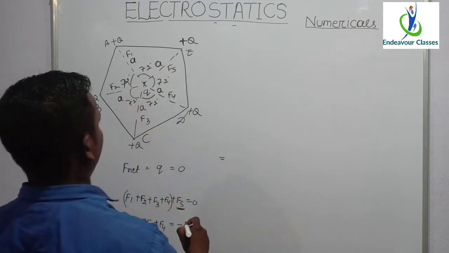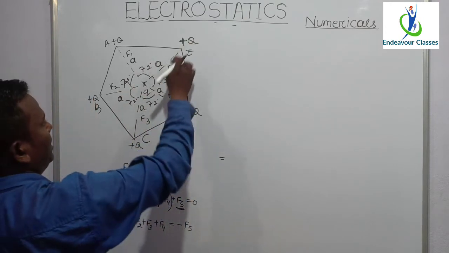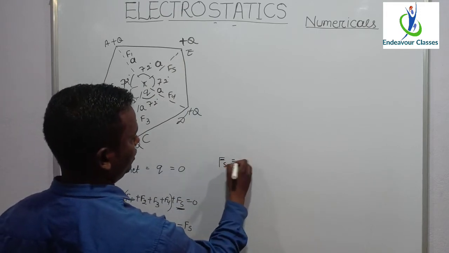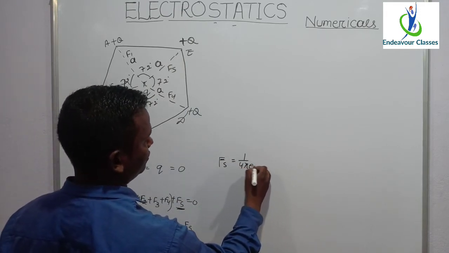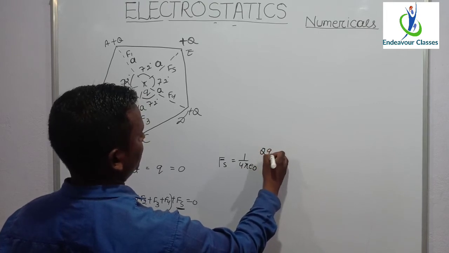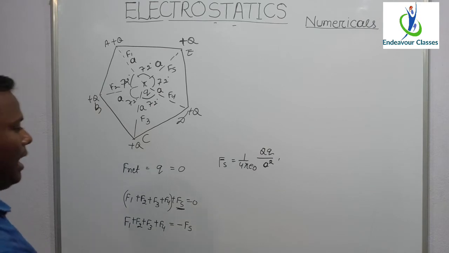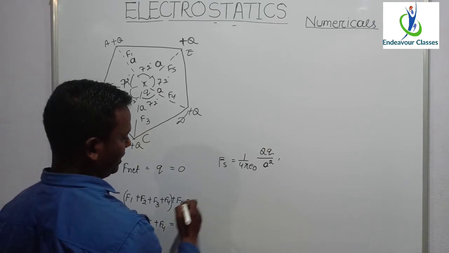So we can simply calculate F5. It is small q and capital Q separated by distance A. So F5 will be equal to 1 by 4 pi epsilon naught capital Q small q divided by A square, and it must be negative.